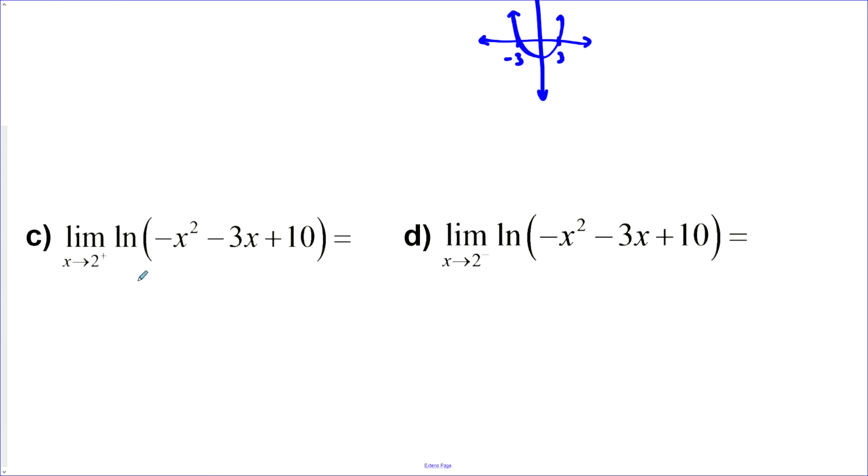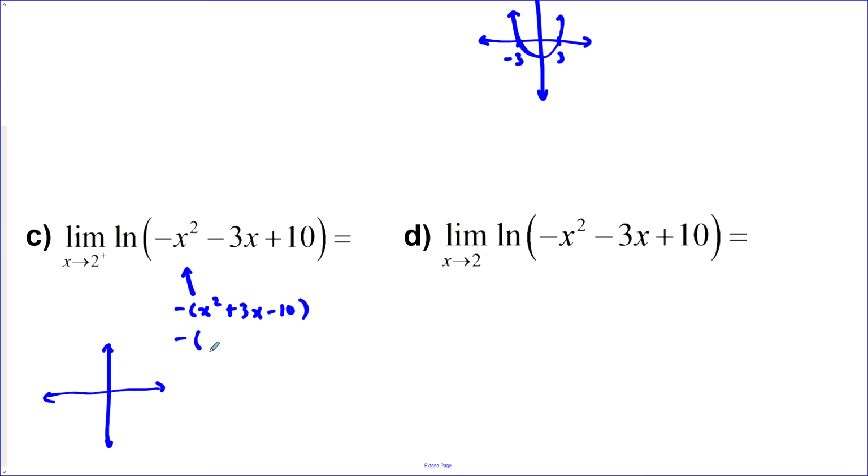How about this one here? So the limit as x approaches 2 from the positive side of all of this. So let's get a sketch of what this looks like here. We might want to factor this. Maybe that would be easier to plot on this graph. So take out that negative because that's annoying.